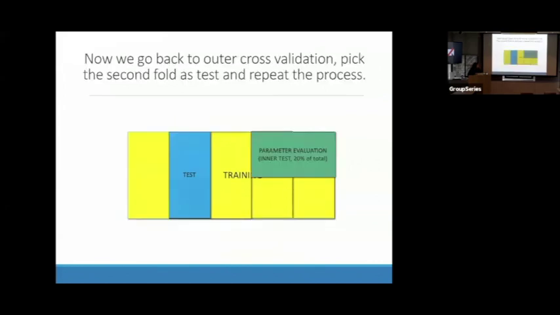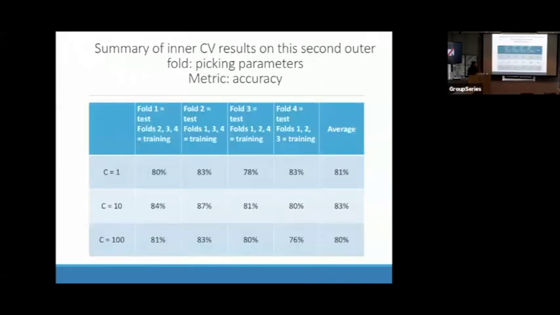Right, so basically now I need to go to the second step of the outer cross validation, where this is my test fold. And so I will redo the process, optimize the parameters here, get a sense of the performance here, write it down. So say that I get another thing. Maybe I don't even get the same parameters.